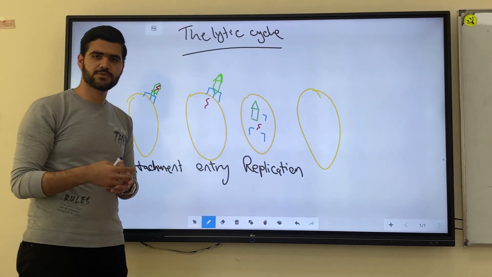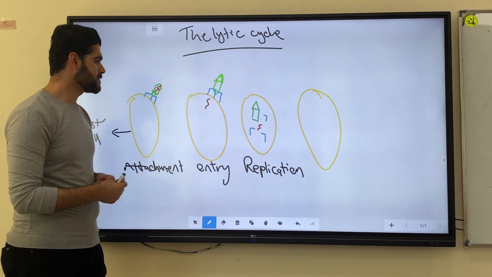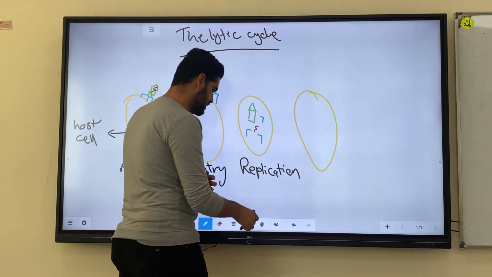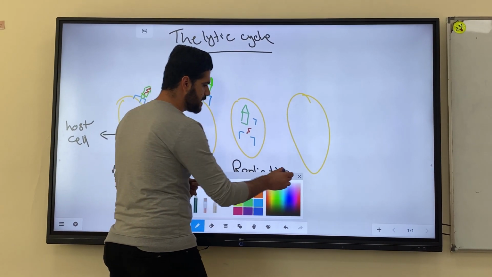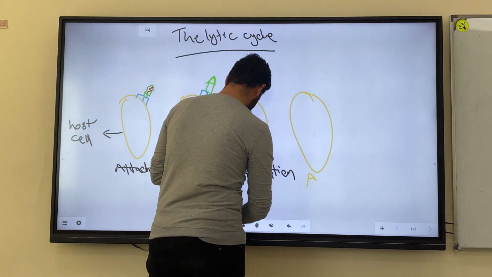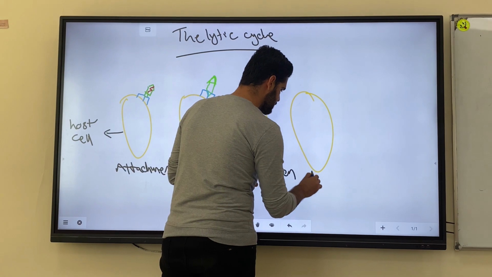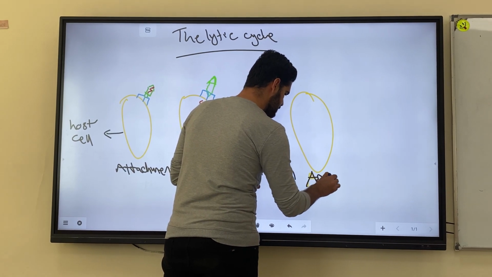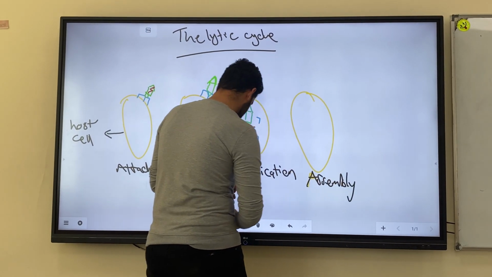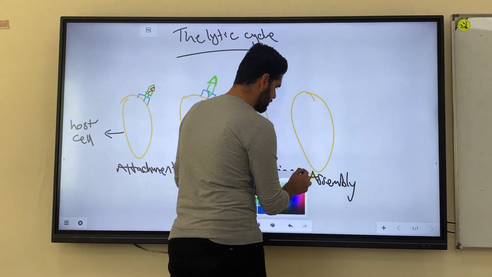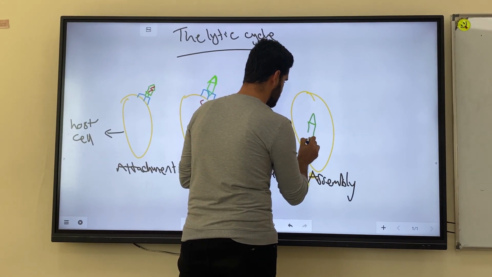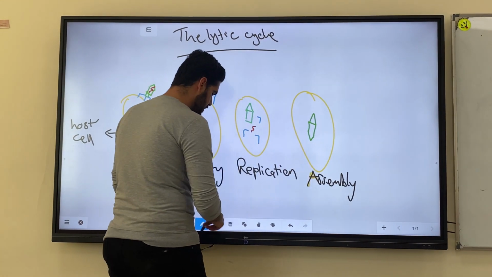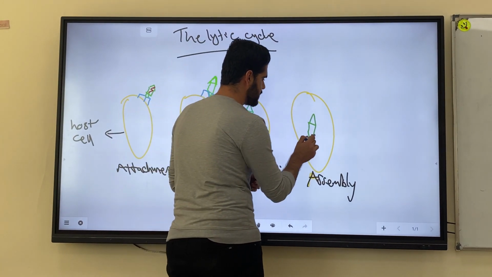Then they have to come together to make a fully grown virus, or let's say a fully developed virus. And this step is called assembly, where the virus becomes complete with all its parts attached to each other.